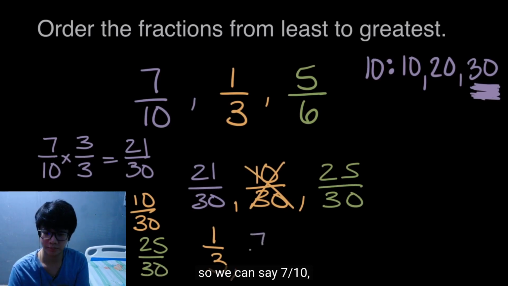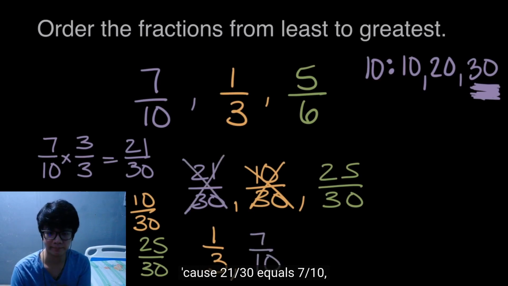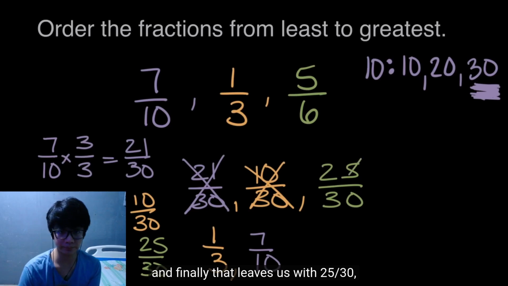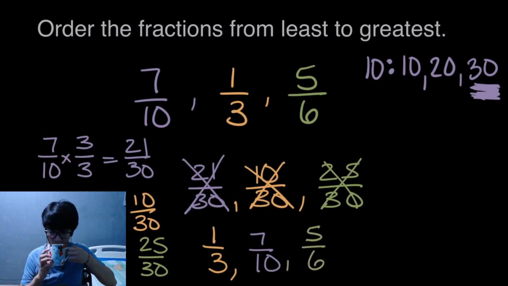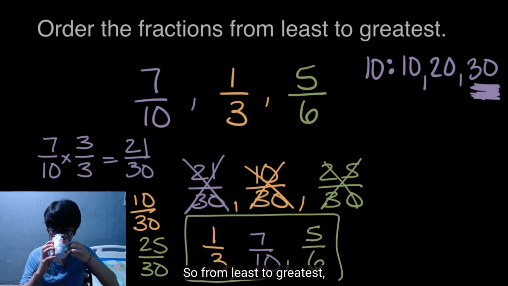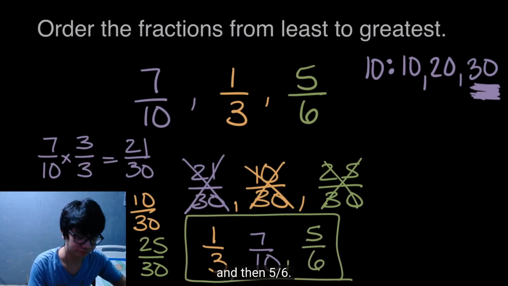So we can say 7/10, because 21/30 equals 7/10. And finally, that leaves us with 25/30, which is equivalent to 5/6. So from least to greatest, our fractions are 1/3, 7/10, and then 5/6.